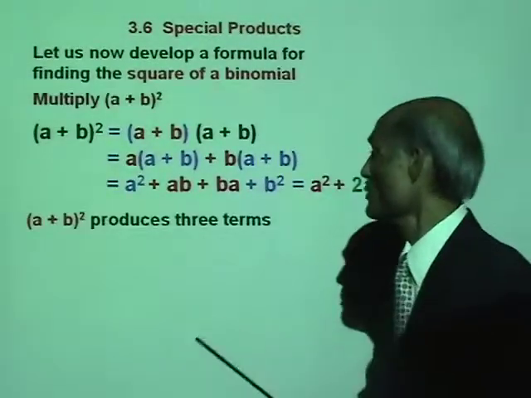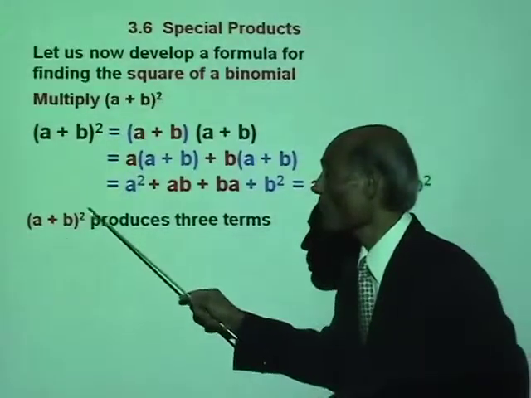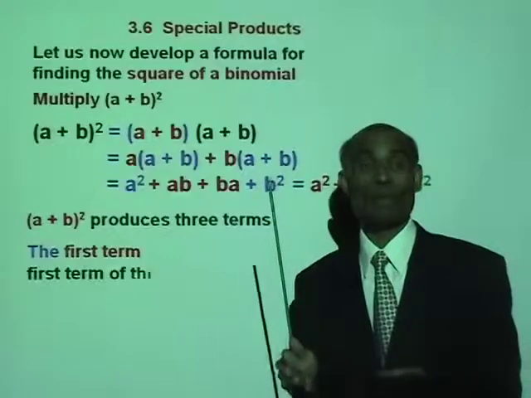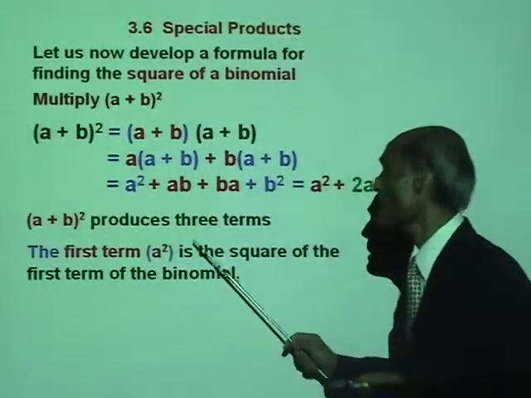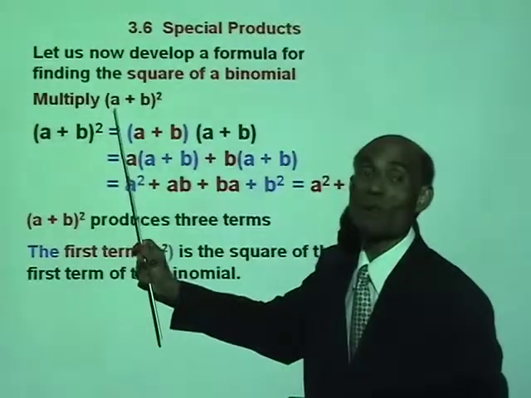Okay, but I know it's not very simple for you, is that right? So a plus b all squared produces 3 terms. What are the 3 terms? The first term is a squared, the square of the first term of the binomial.